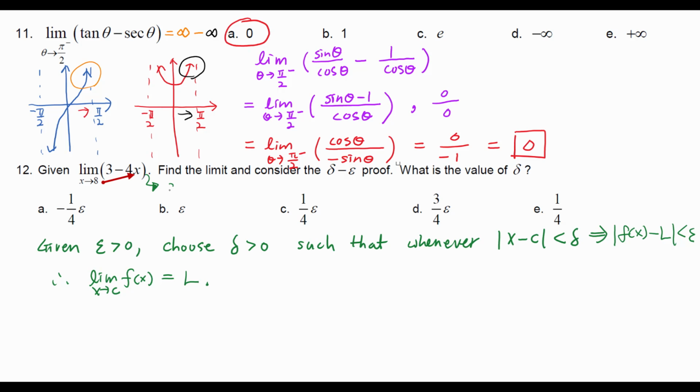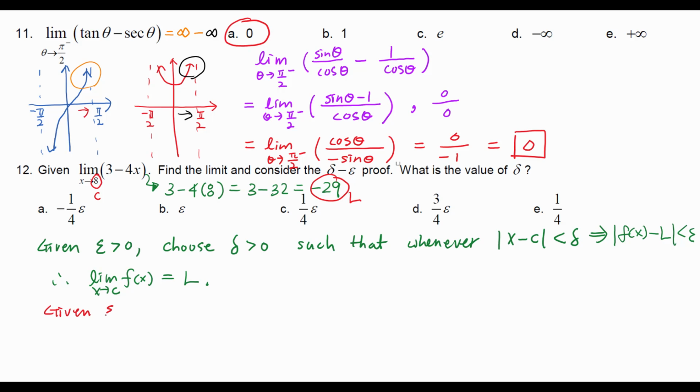Our limit will be 3 minus 4 times 8, which is equal to 3 minus 32, which is negative 29. So that is our L. L is negative 29, c is 8. And now we need to find the right delta for that.